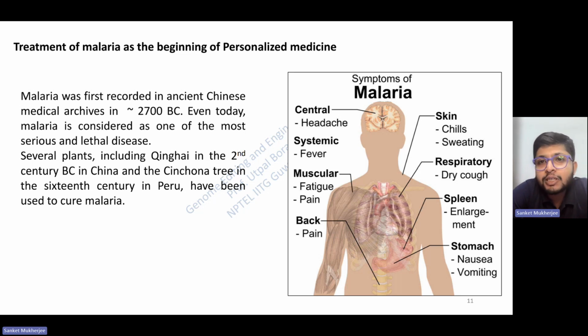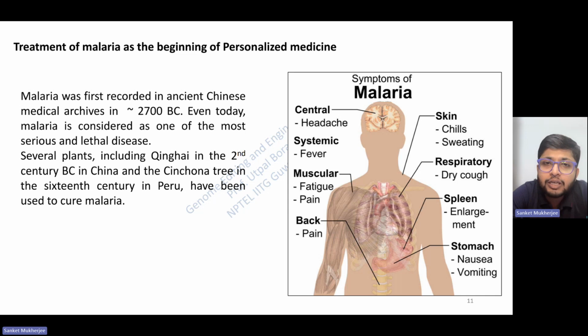Malaria was first recorded in ancient Chinese medical archives in 2700 BC. Even today, malaria is considered one of the most serious and lethal diseases. Several plants, including Qinghao in the 2nd century BC in China and the cinchona tree in the 16th century in Peru, have been used to cure malaria.